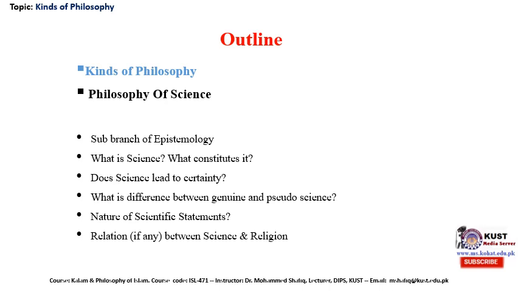This question brings us to one of the very important and intriguing questions of philosophy in general, that is about the law of causation, the connection between cause and effect.